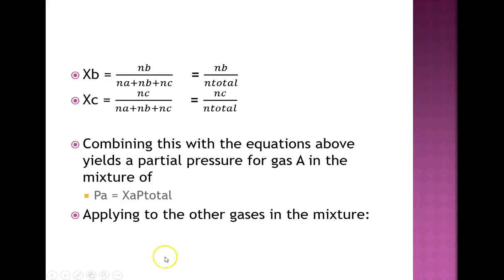And when we apply that to the other gases in the mixture, we get the partial pressure of gas B equals the mole fraction of B times the total pressure. The partial pressure of gas C within the mixture equals the mole fraction of C times the total pressure of the gas. So this is Dalton's law. Partial pressure is equal to the mole fraction of that particular gas times the total pressure of the gas mixture.